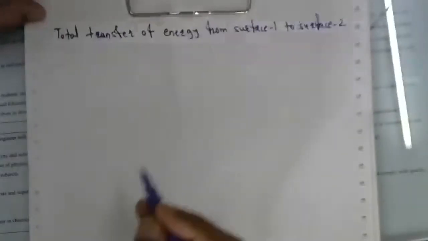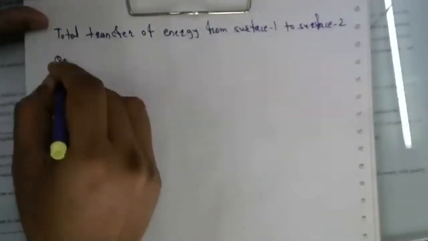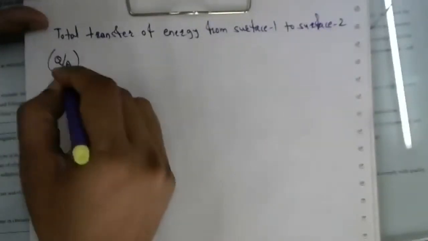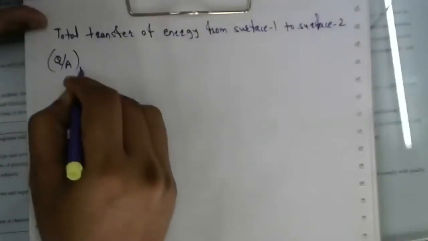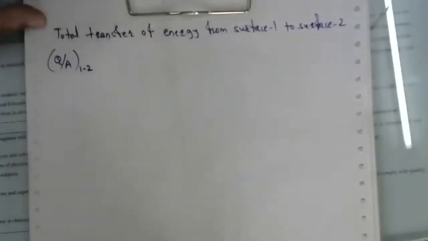So we are going to write the equation for the total transfer of energy from surface 1 to surface 2 and then surface 2 to surface 1. We write Q by A, because this is the total transfer of energy per unit time per unit area, that is nothing but the flux. The suffix 1 dash 2 indicates the transfer of energy from surface 1 to surface 2.